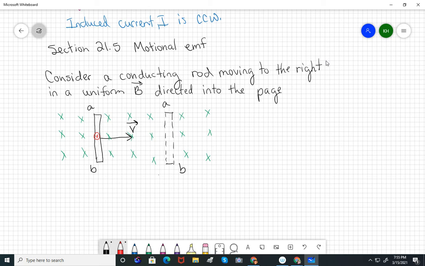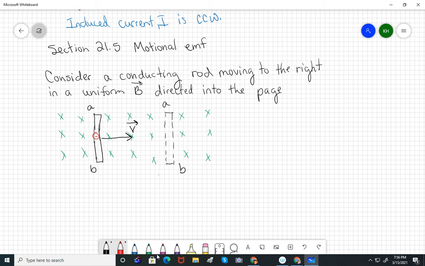Or even better, let's picture the negative charges, because we know that in a metal, it's actually the electrons that are free to move. So let's just assume we've got negative charge. Think about a negative charge right here.